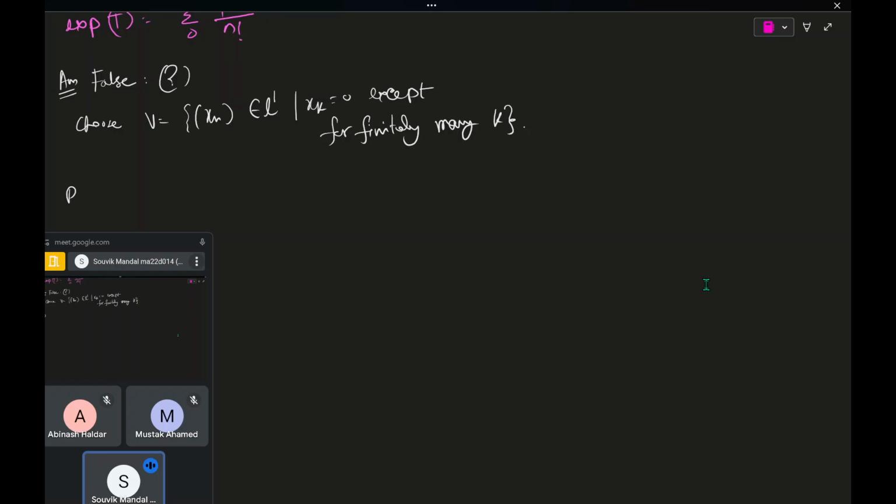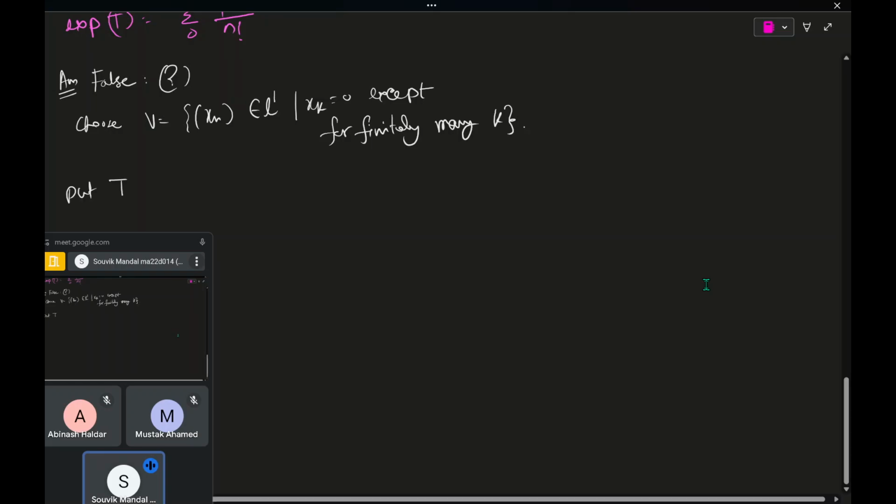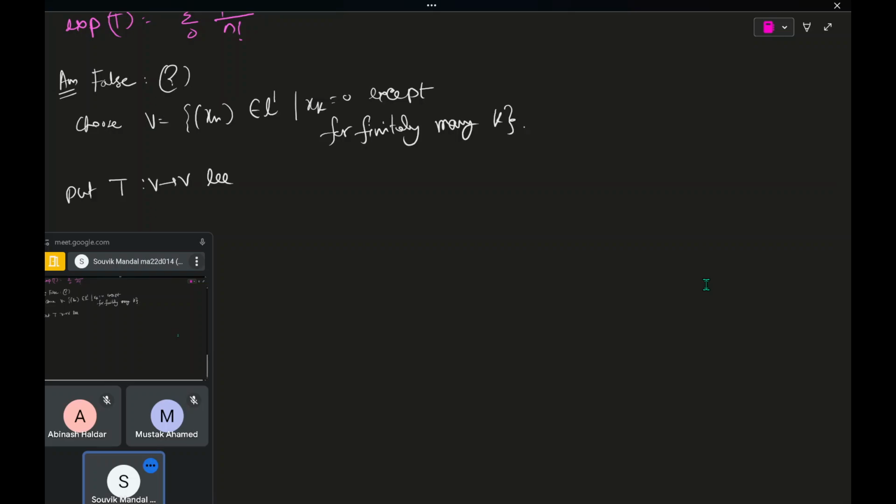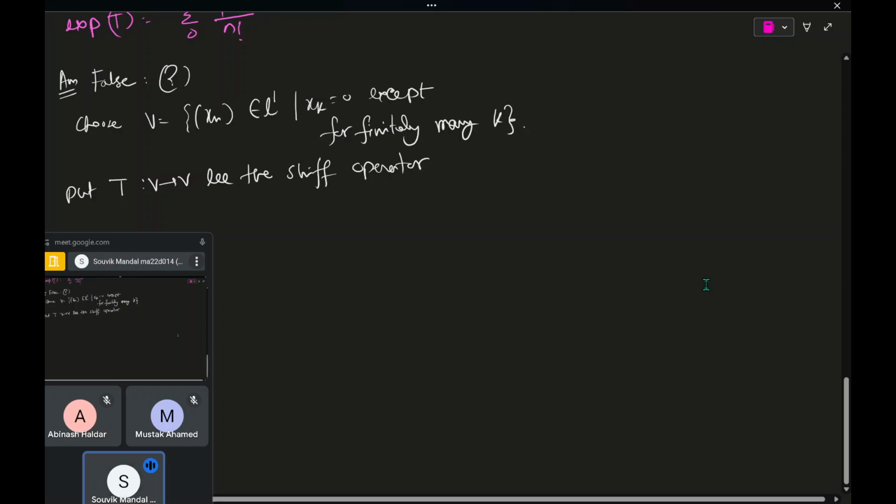And put T from V to V to be the shift operator, that is T of Ei is equal to E(i+1).